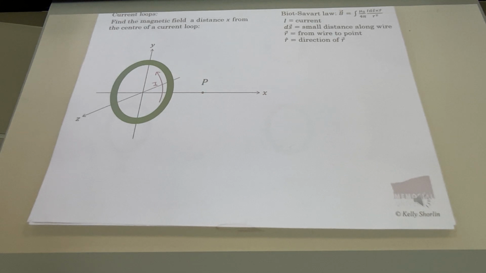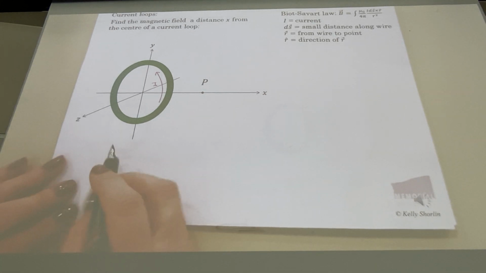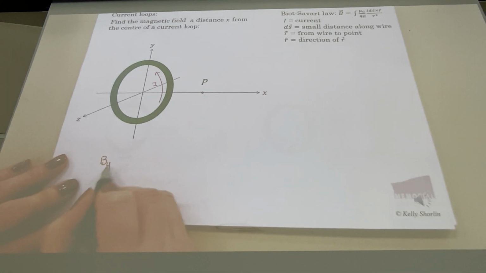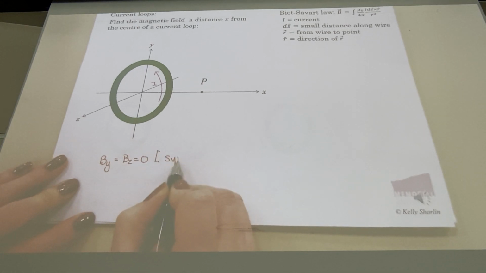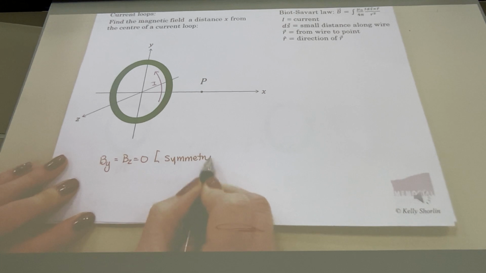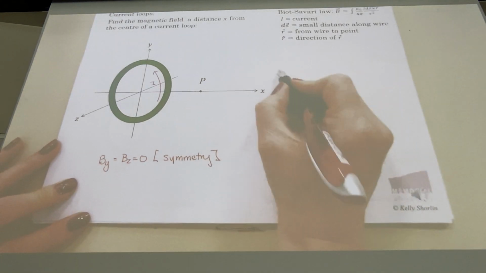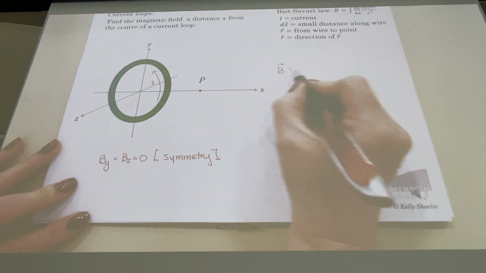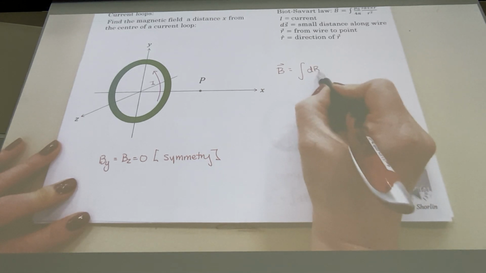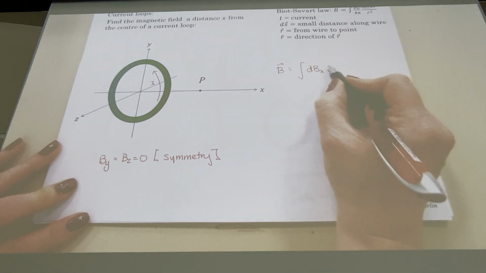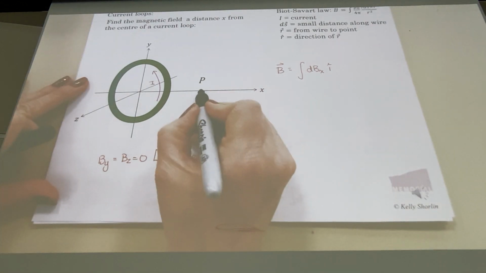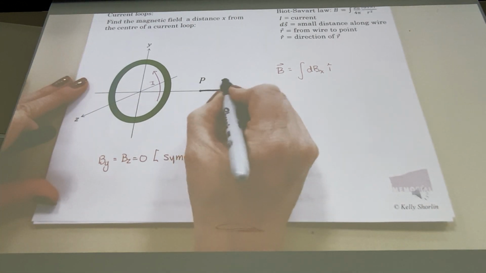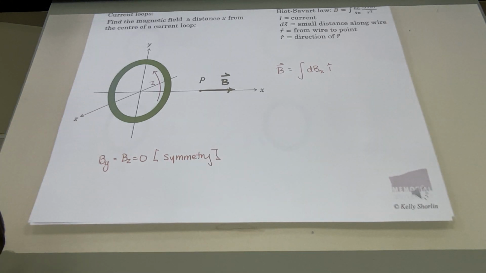On our first slide, we'll add the note that B_y equals B_z equals 0. That's from symmetry arguments. So then our net magnetic field B will be the sum of all the little x components, dB_x, and it will point in the x direction. So our net magnetic field is along the x-axis, and it will point in the positive x direction.